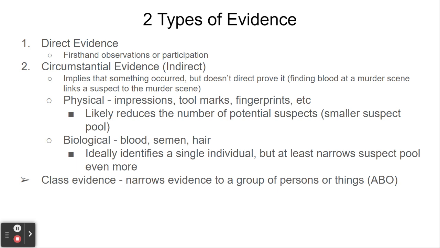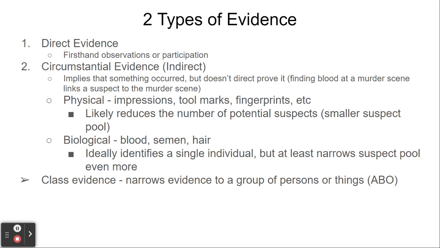Now, when we talk about different types of evidence, you've got class versus individual evidence. Class evidence is going to take a large pool of individuals and narrow it down slightly. So, let's say, for example, we find blood evidence at a crime scene that is not the victim's blood, so we would surmise that it potentially could be a suspect's blood.